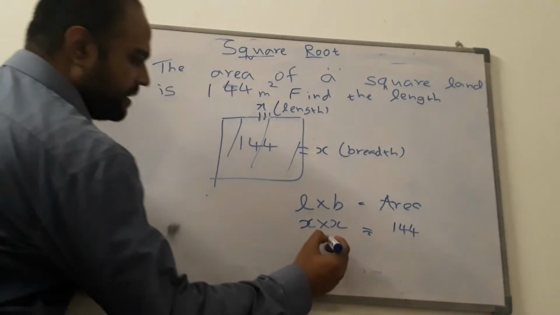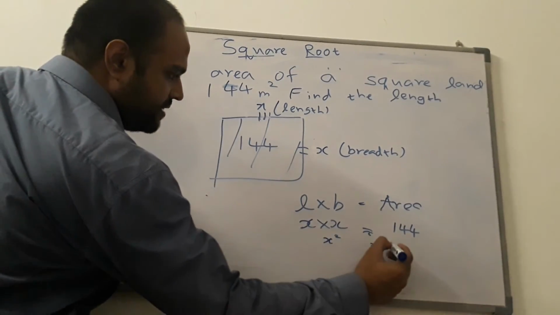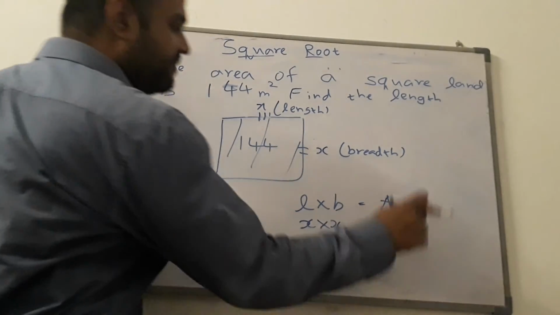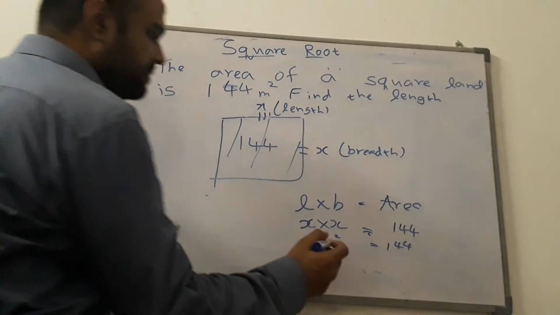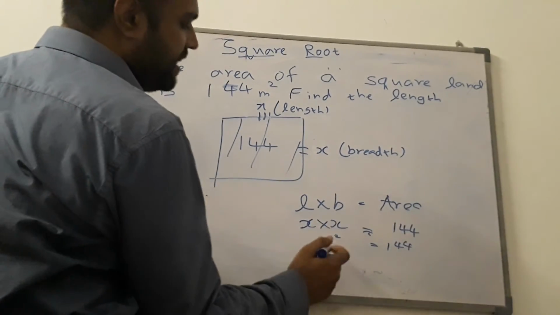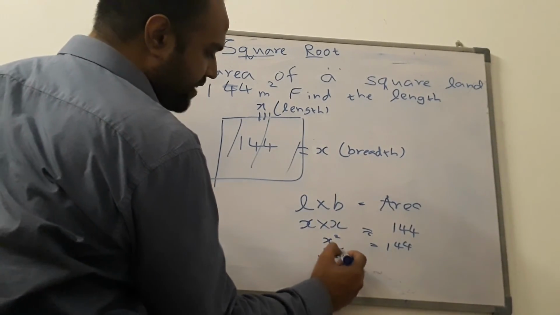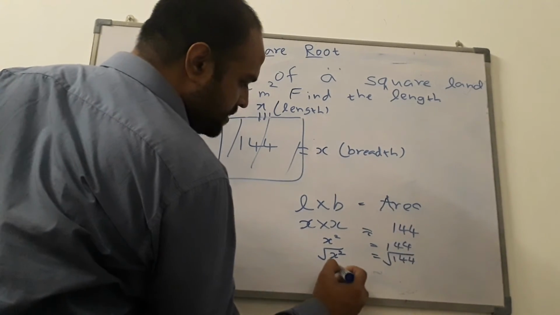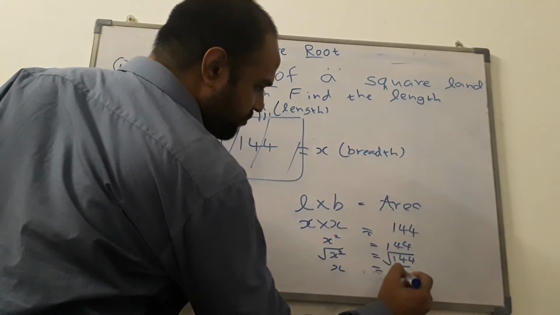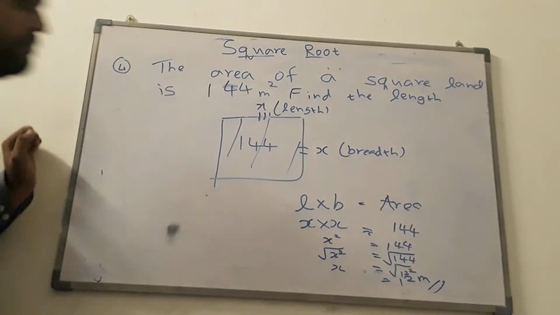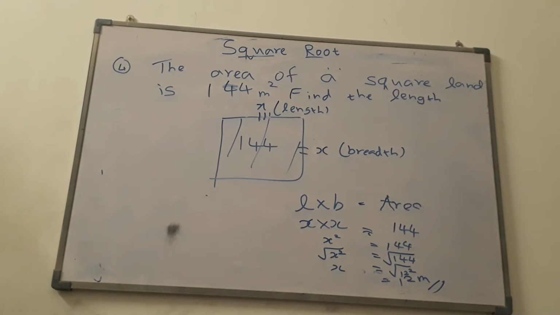Now x squared is equal to 144, and we know 144 is a square number, hence we can find the root of 144. So square root of x squared is equal to square root of 144. So x means square root of 12 squared. Answer is 12 meters.